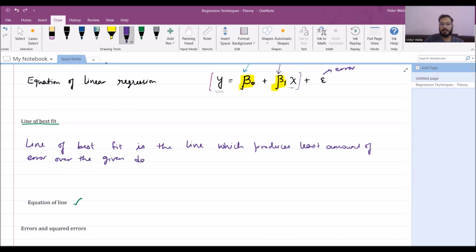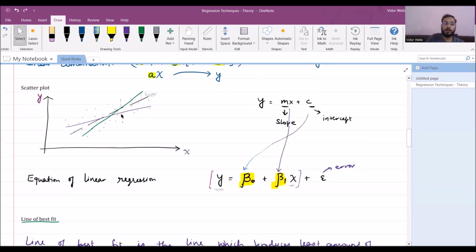over the given data set, right? Now, obviously, if you just try to aggregate these errors for these three different lines, since these are three different lines, for each point I will get three different errors, right? One from line 1, one from line 2, and one from line 3. Now, you might think that it is good for us to add up these errors and then see where the sum of these errors is the minimum.